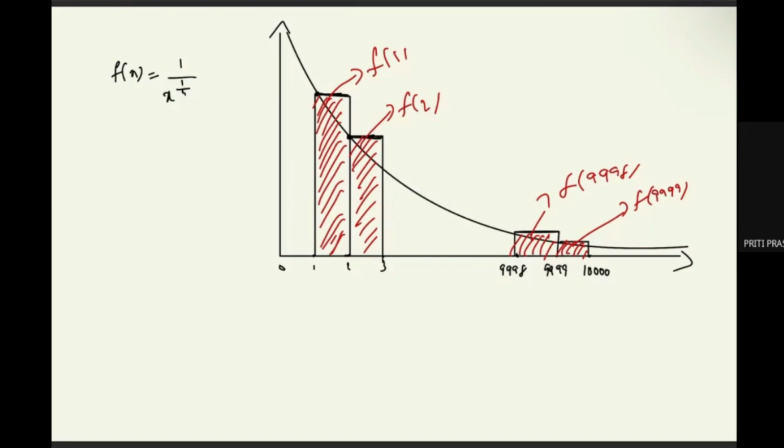Which is bigger, the integral or the sum of rectangles? You have taken the upper sum. So the integral from 1 to 10,000: is this bigger or the sum is bigger? The sum is bigger.